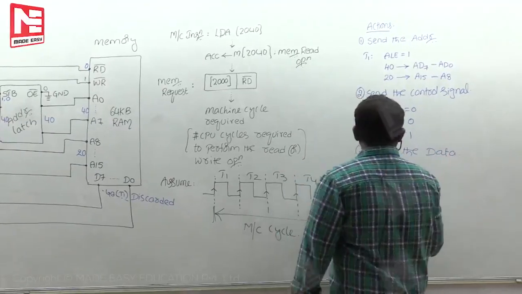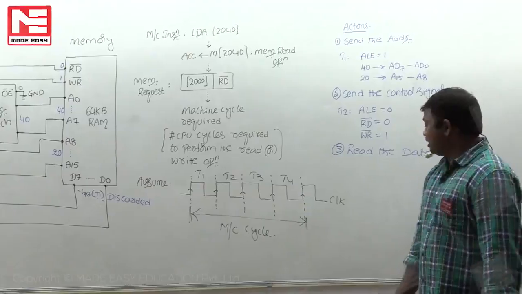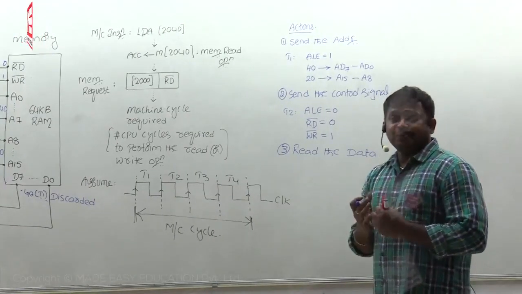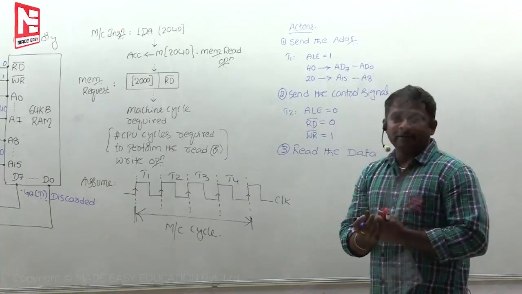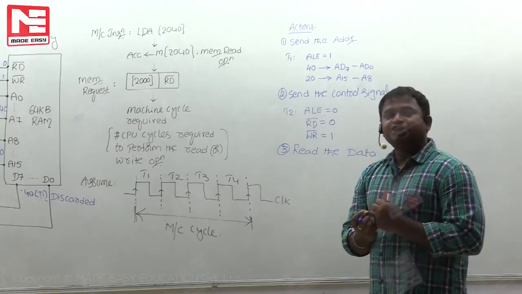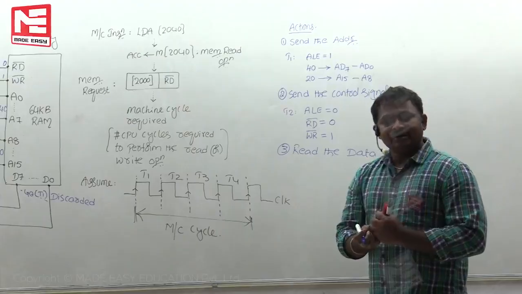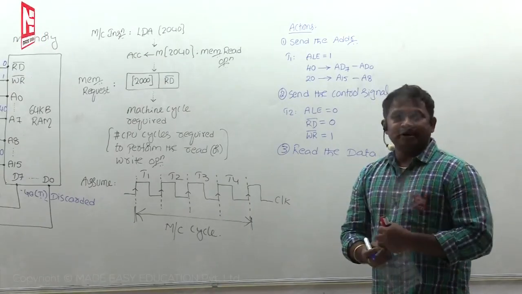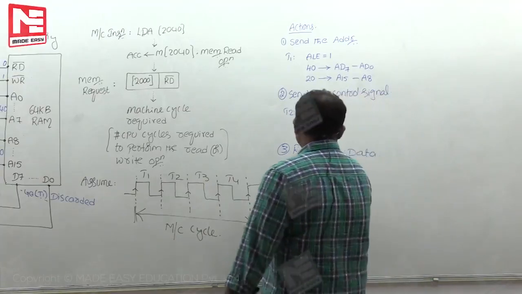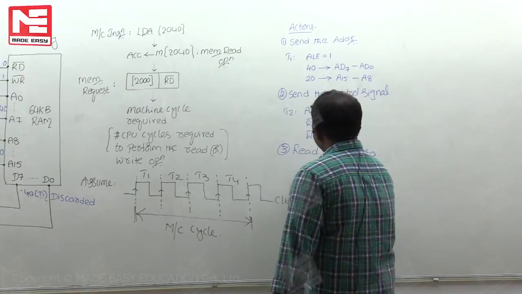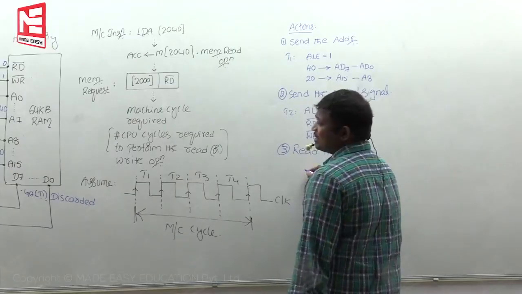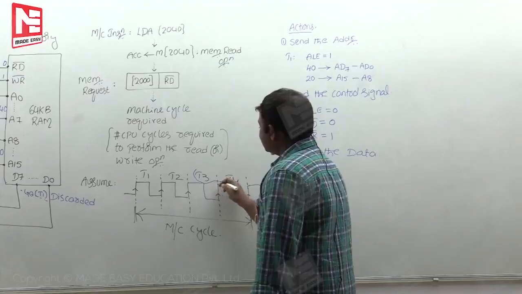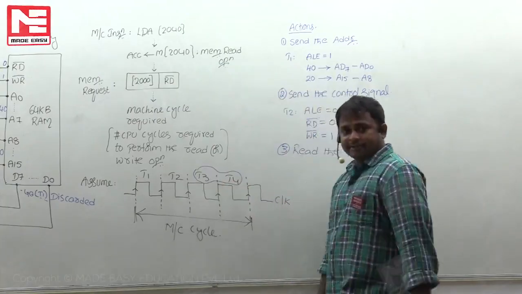Means after receiving the address and control signal, the memory chip consumes some fraction of the time to prepare the data. How much time is required to prepare the data is called the access time of a memory, or latency of a memory. Correct? So here, to specify the access time or memory latency or memory delay, in our example, we reserved the T3 and T4 cycles.